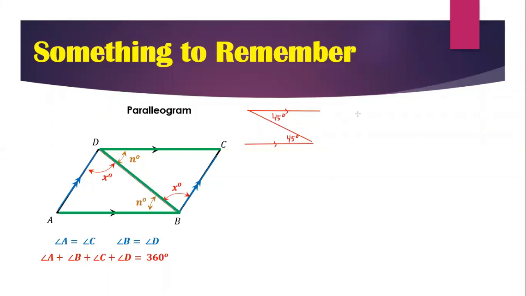Okay, we go to the next example. Angle N. We call this angle N. Let's say here is 60 degrees. So automatically, here is 60 degrees too.